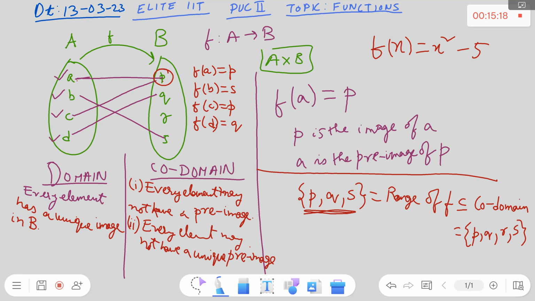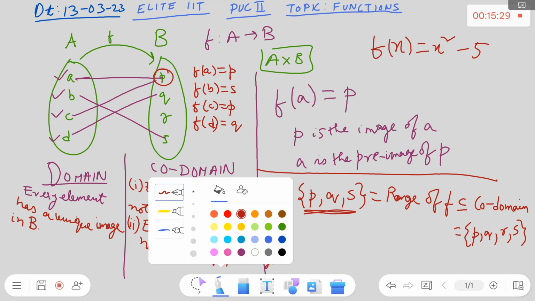A function is also called a mapping or a transformation. Remember that? What do you call functions? A mapping or transformation.